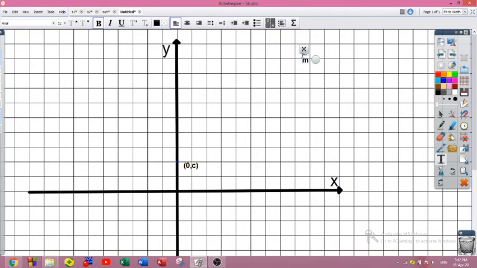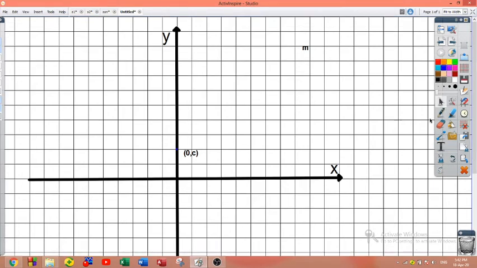Now how can we do this? Remember, m was equal to rise over run.